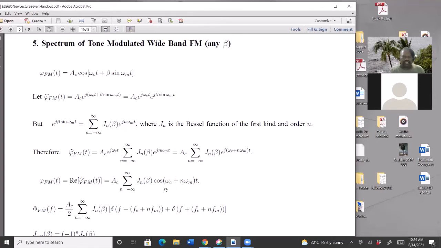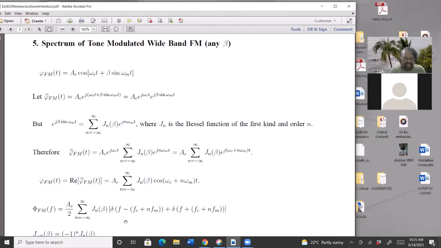So this spectrum is going to be centered at Fc, and then you will have two spikes at Fc plus Fm and Fc minus Fm. Then another one at Fc plus 2 Fm and Fc minus 2 Fm. n can be negative and so on.